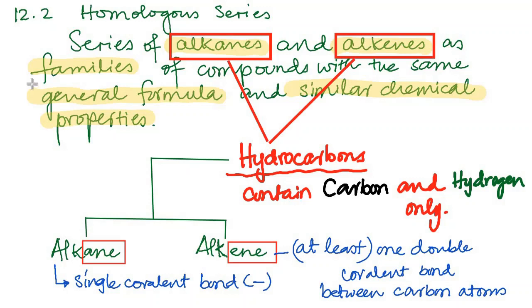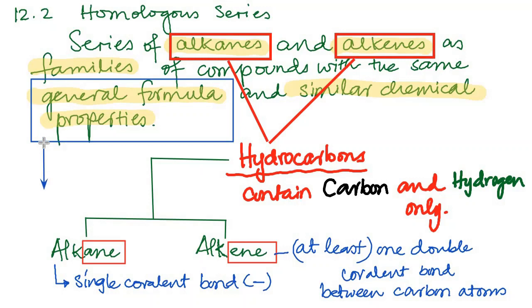What is meant by the general formula, which is the word used in the definition? General formula refers to a formula which applies to all of the compounds under one particular family. For example, alkanes: all of the alkanes have a general formula of CnH2n+2, where n is the number of carbon atoms present in the particular alkane.